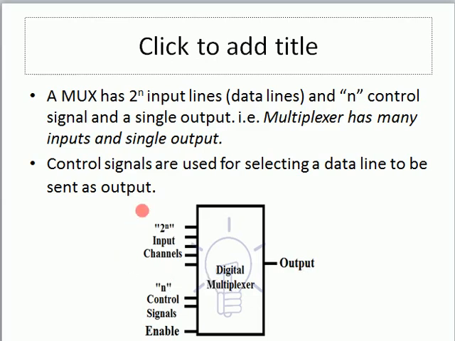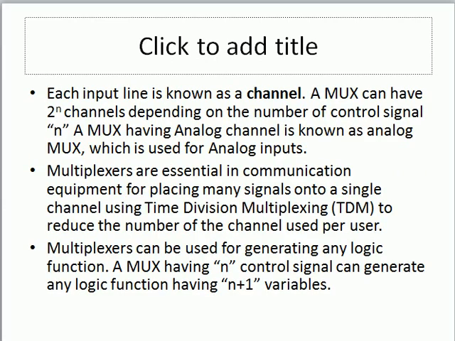So at the input side we have 2 raised to the power n data lines, n selector lines or control signals, and one enable input, and at the output side only a single output.